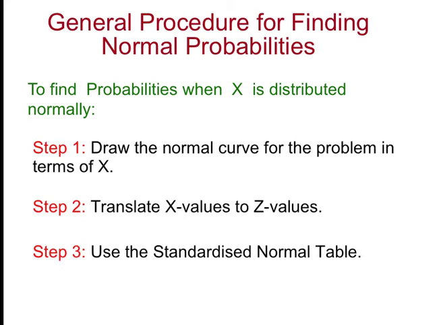Finally, use this z-score to determine the population that lies to the left of the value of interest by using the standardized normal table. This is the value that is usually required to answer most questions. However, you will need to interpret the question properly to be able to use this number.